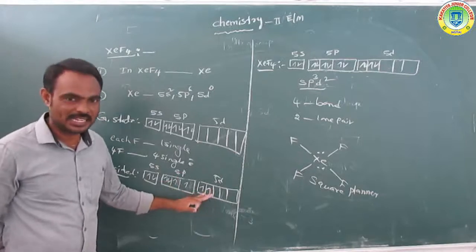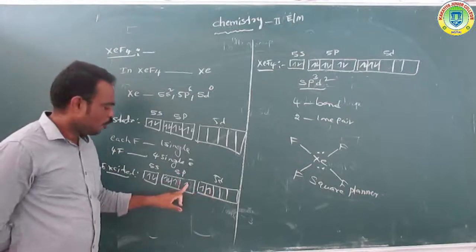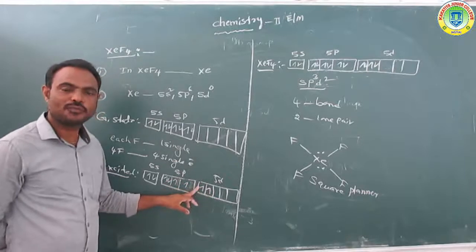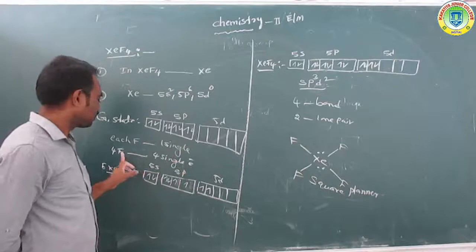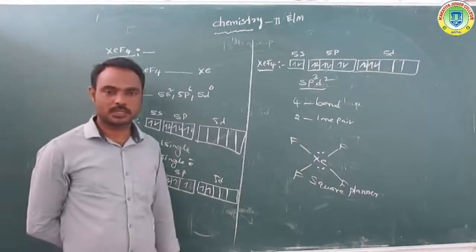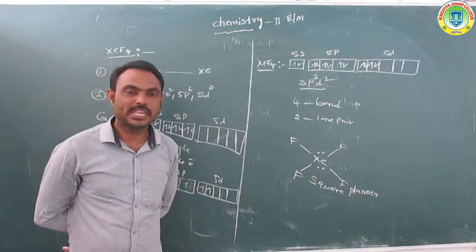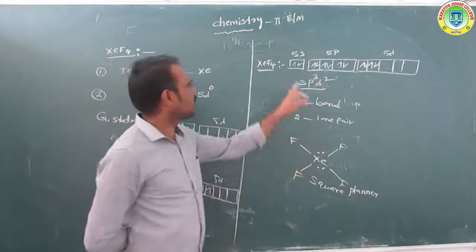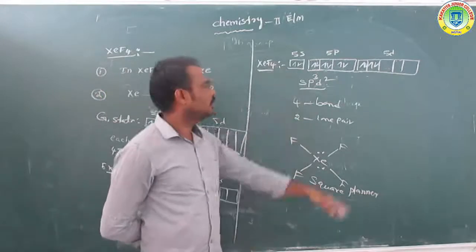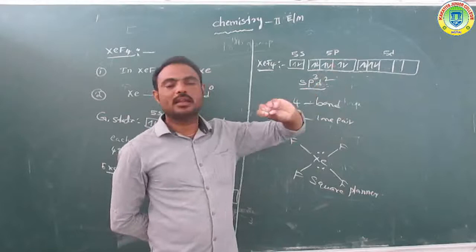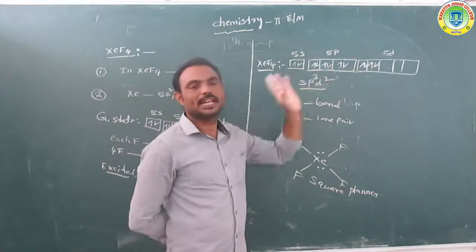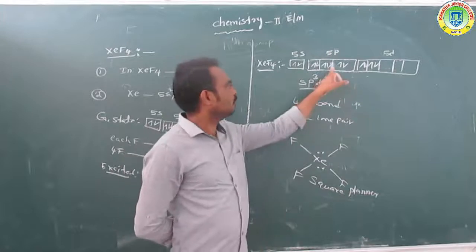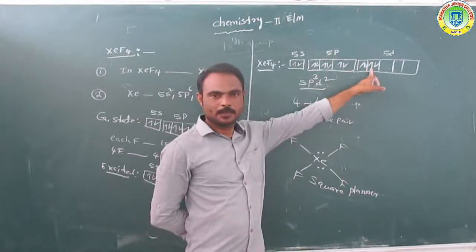In the second excited state, the 4 single electrons of the xenon atom bond with the 4 single electrons of the 4 fluorine atoms to form XeF4.